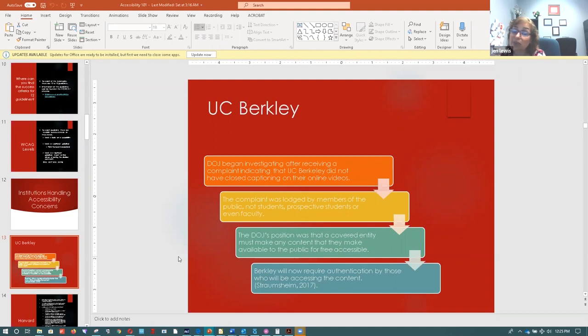The Department of Justice, which is the office that oversees the Office of Civil Rights, was basically saying that the content was made available to the public without accessibility.